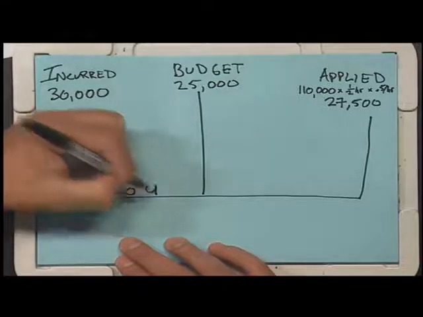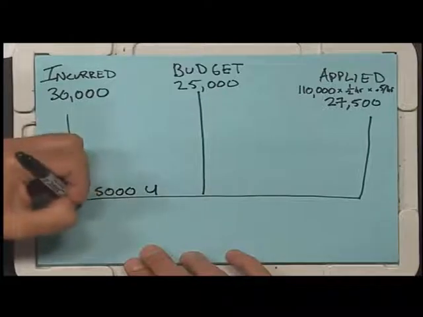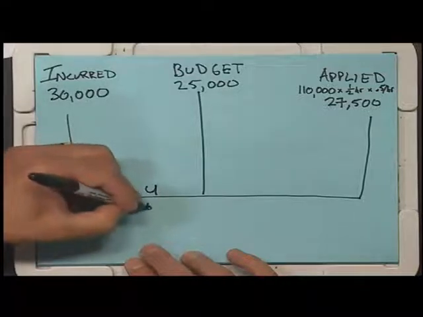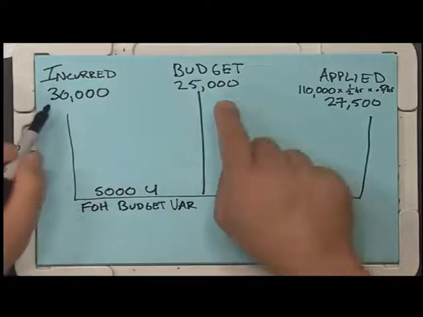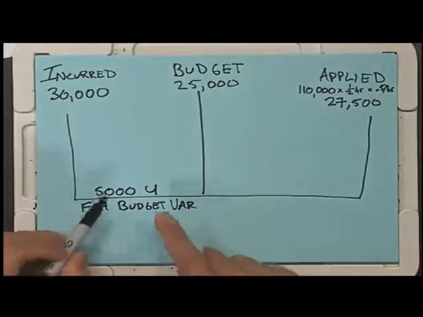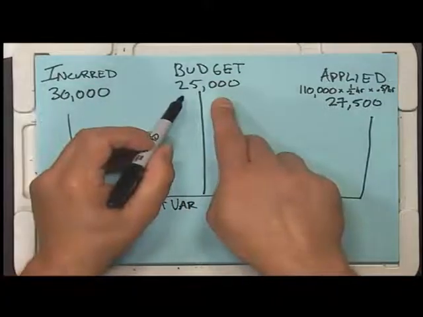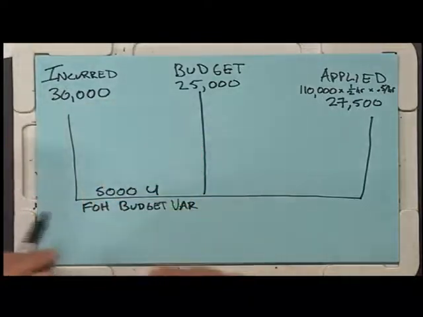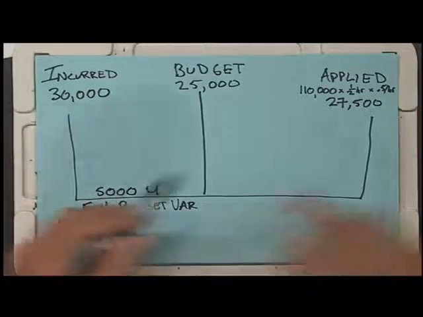That's going to be an unfavorable amount, okay? And that is because of what's called the fixed overhead budget variance. So we've got a $5,000 unfavorable fixed overhead budget variance because we should have spent only 25, we spent 30. That's only because insurance or rent or something like that came in too high.